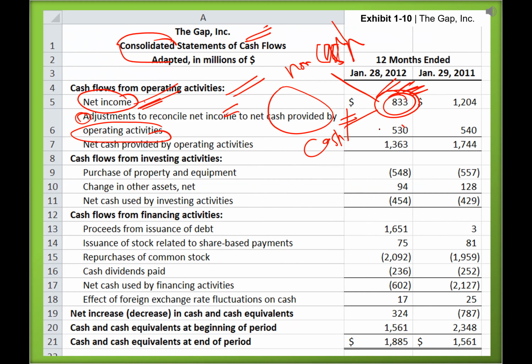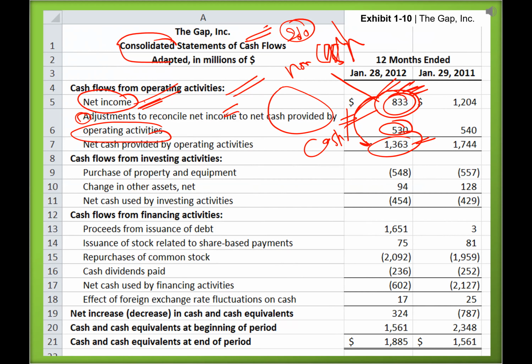So you see, they added something. So from operation, in 2010, the cash flow from operation is $1,363 million. So you see the profit is different from the cash flow from operation, right?